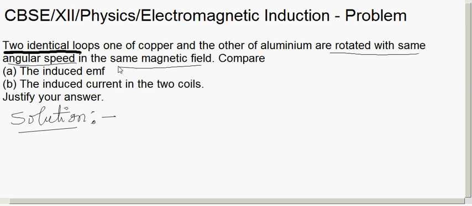The speed or the time periods are also same, and they are rotated in the same magnetic field. So the change in flux linking both the coils will be same, and hence the EMF induced in both the coils will be same.